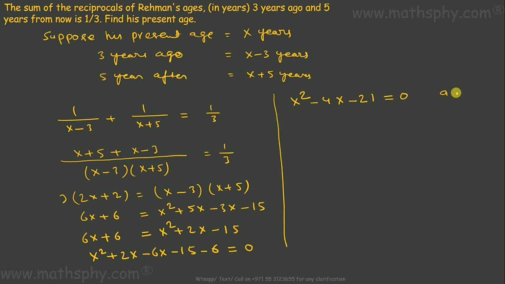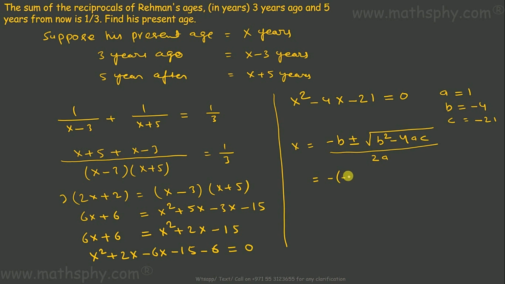See here, a is 1, b is negative 4, c is negative 21. So x would be negative b plus minus root b square minus 4ac over 2a.